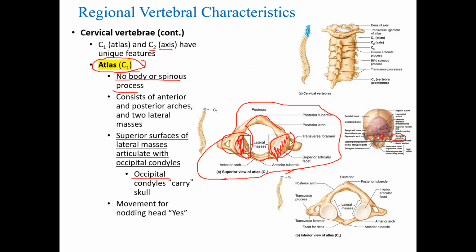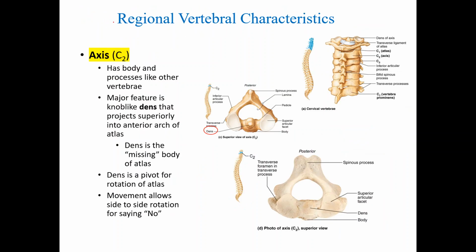And this is the region of the occipital that actually takes contact and articulates with the first cervical vertebra, C1, which is the atlas, okay, at this region. And this allows for movement for nodding, like yes. Okay, when you say yes, that's the type of movement that is allowed.